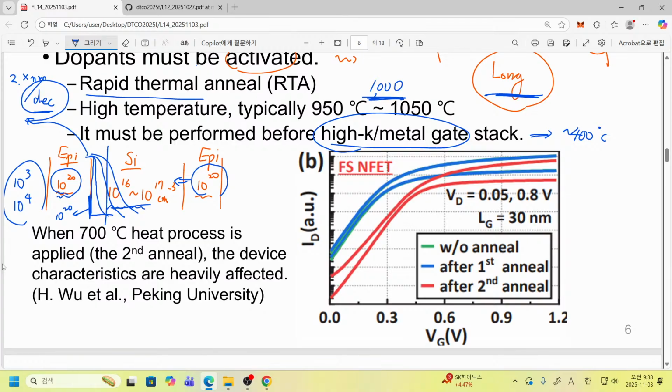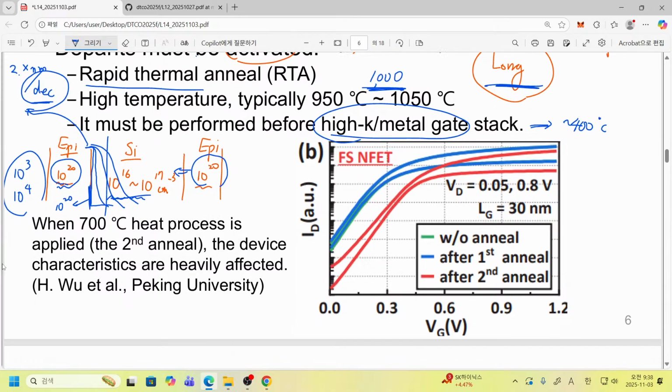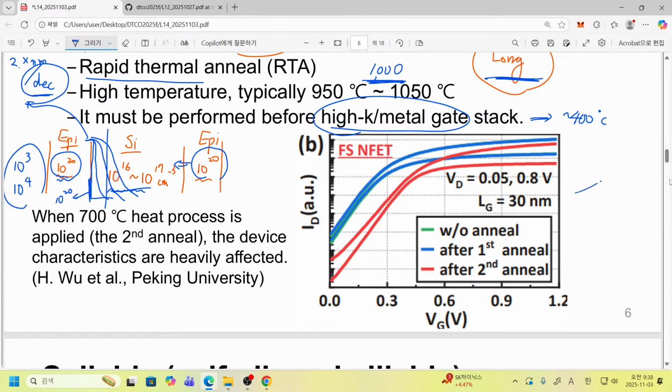Now you can see something here. This one is taken from Peking University's VLSI symposium paper, published this June.